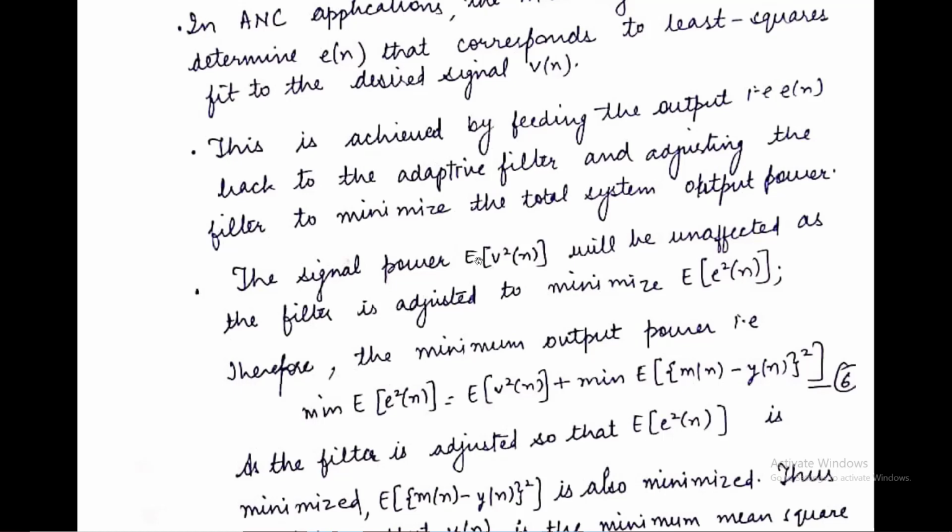The square of that and taking the mean is the power, and it will be unaffected as the filter is adjusted to minimize this mean square error function, and therefore the minimum output power, that is the minimum of expectation of E square n. This is the minimum mean square error, MMSE: again expectation of V square n plus the minimum of expectation of (Mn minus Yn) whole square.